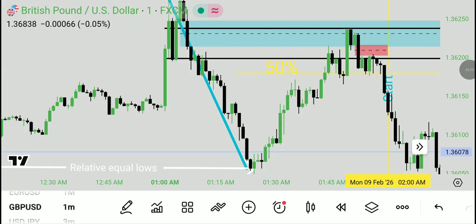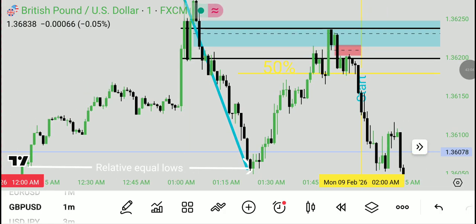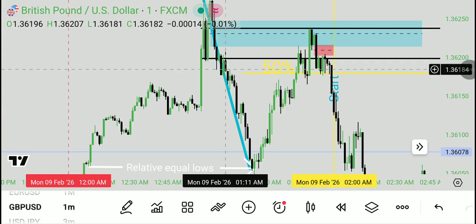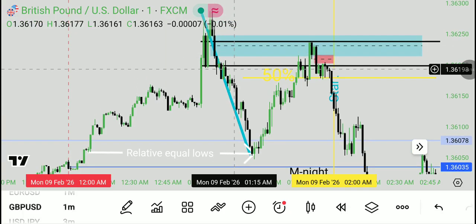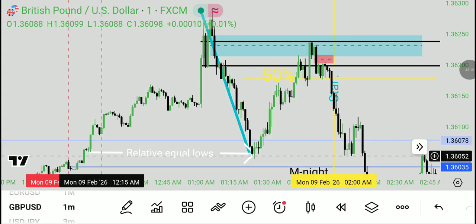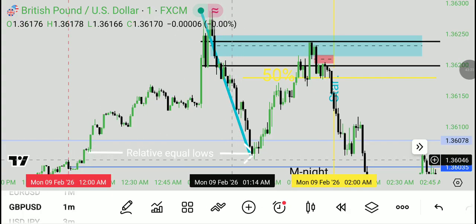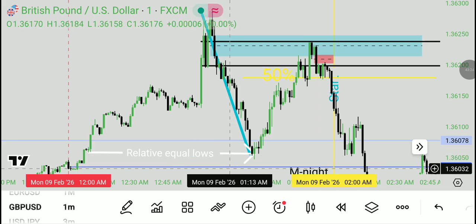When the market was coming down, what you need to know is where is the market coming from, where is it going to, and what is it trying to do. The market was coming down from here and formed relative equal low and did not go to the midnight opening price.